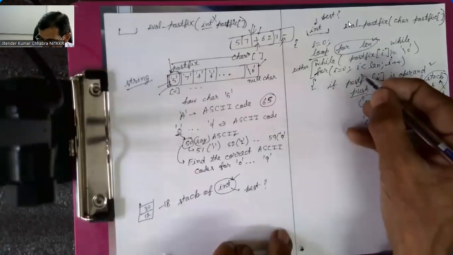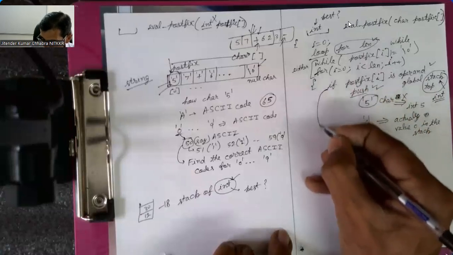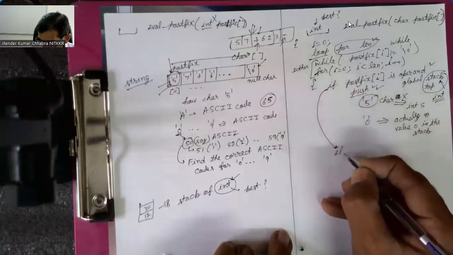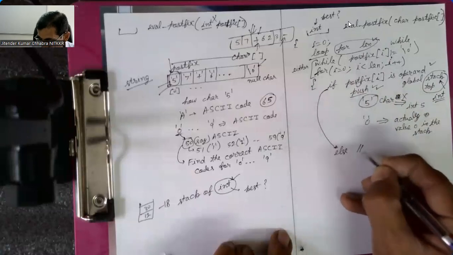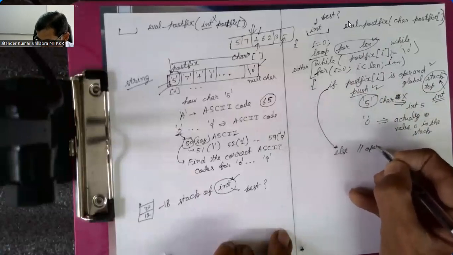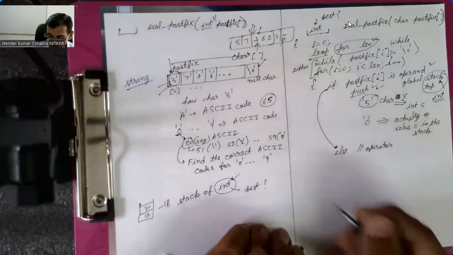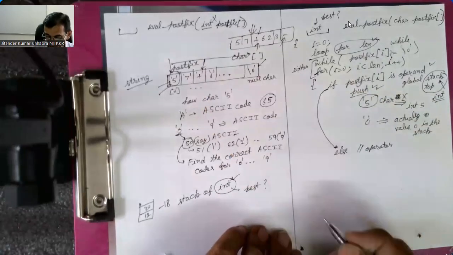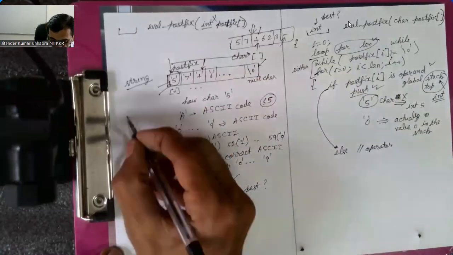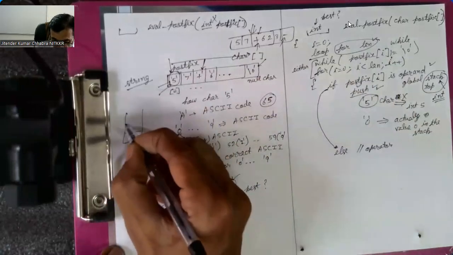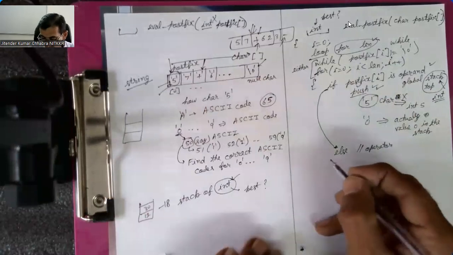Once this is done, the other case. If it is not an operand, else it guaranteedly means it's an operator. Now, in case of an operator, what do I have to do? For example, I reached a plus. Reaching a plus guaranteedly means I need to take out two operands.